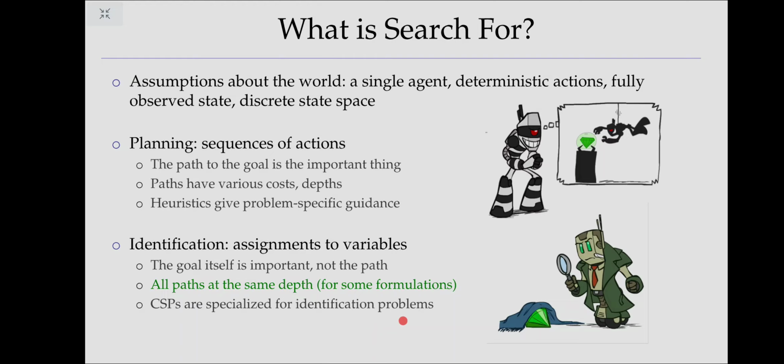But identification problems are very different and contain many practical examples in AI, for example, face recognition and fingerprinting. But now we focus on the assignment of the values of the domain to the variables.